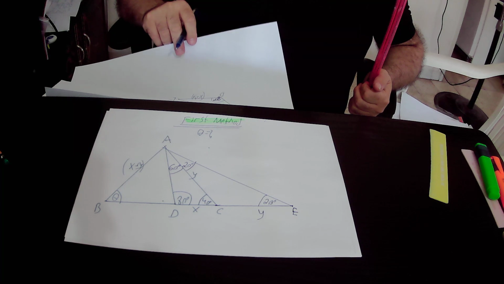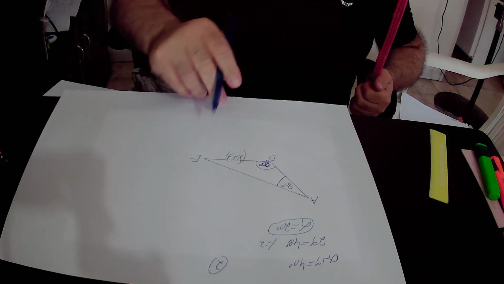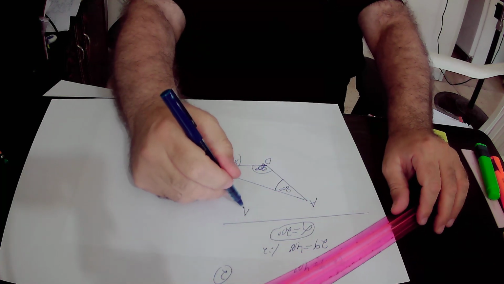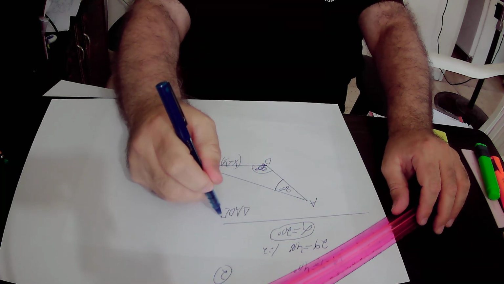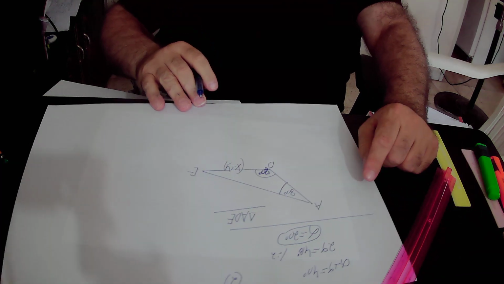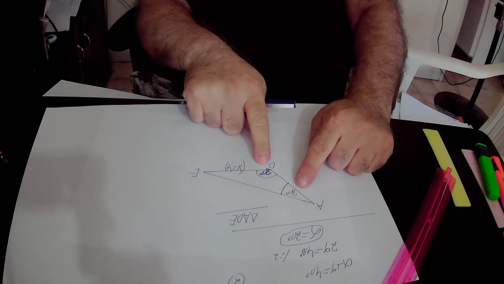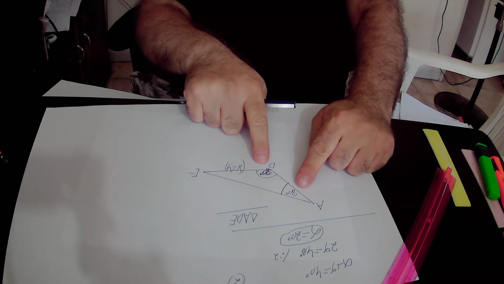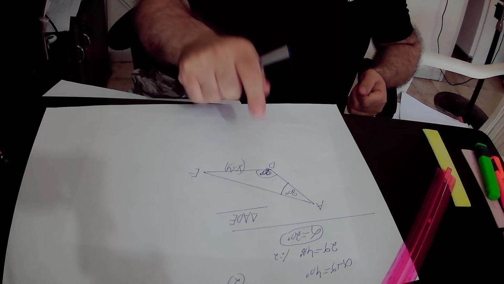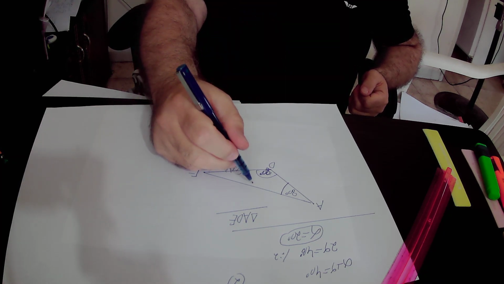So in this triangle ADE, those two angles are both equal to 80 degrees. And we have the rule that in front of equal angles in the triangle, there are equal sides. So in front of this angle, we have side AE.